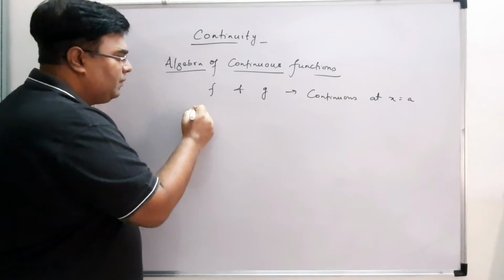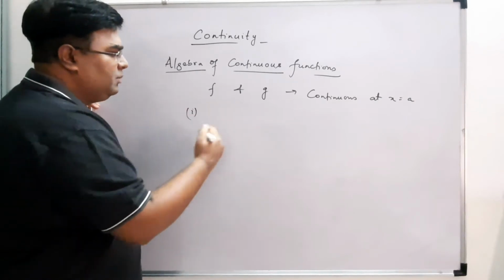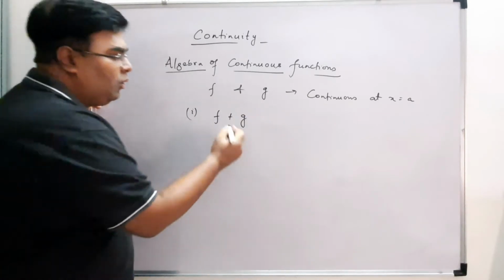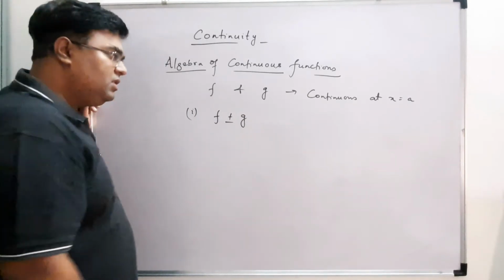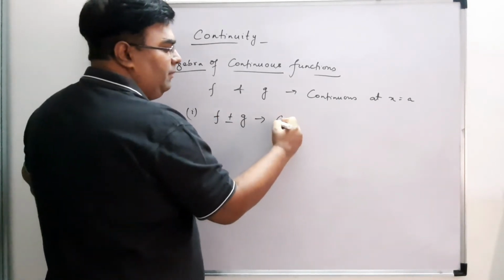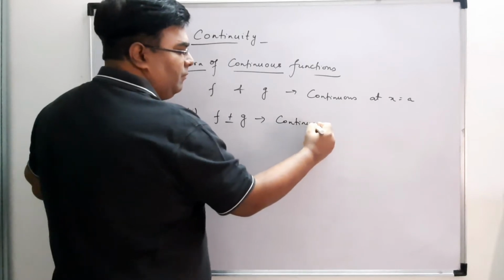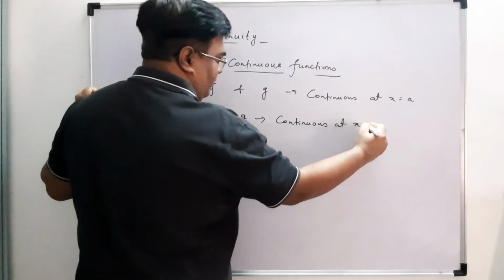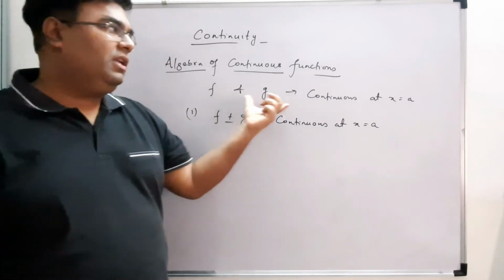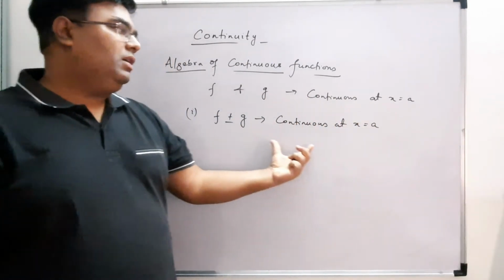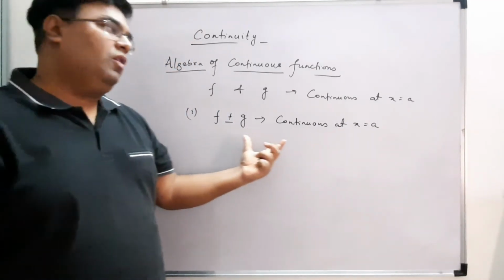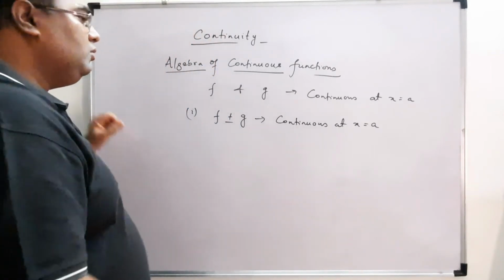So my first property of algebra: if you add these two functions, the third function will come, and the sum of these two functions which are continuous at x equal to a is also continuous at x equal to a. Similarly, the difference of two functions will also be continuous at x equal to a.